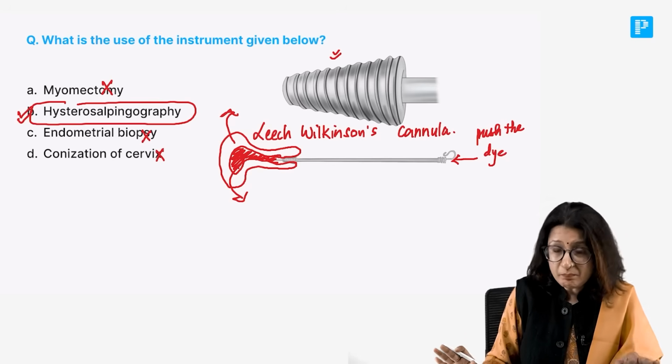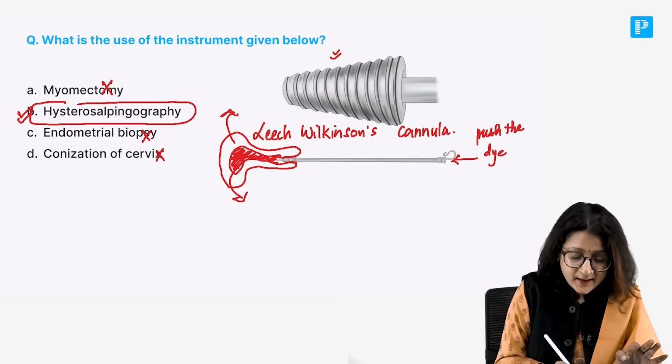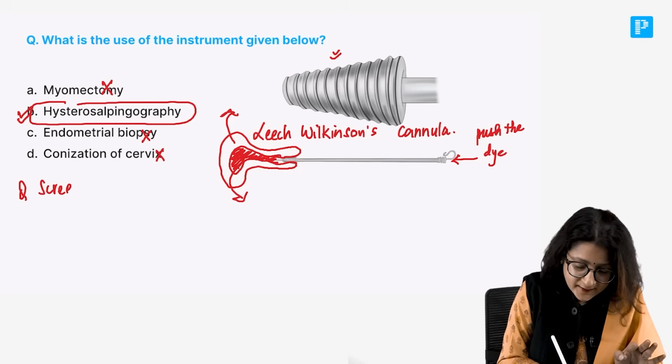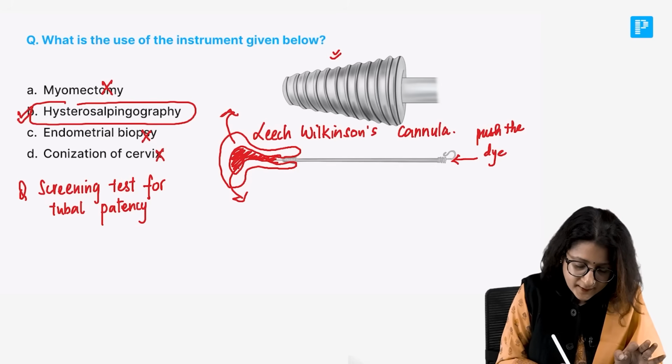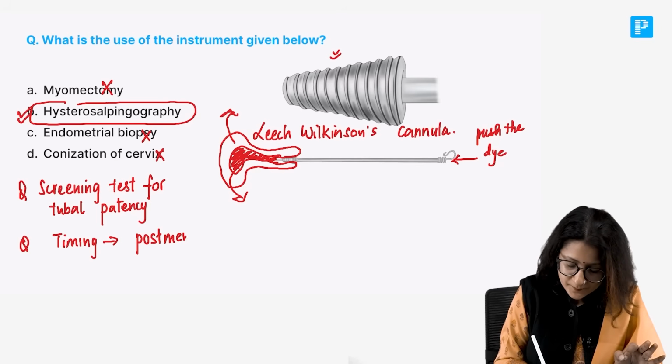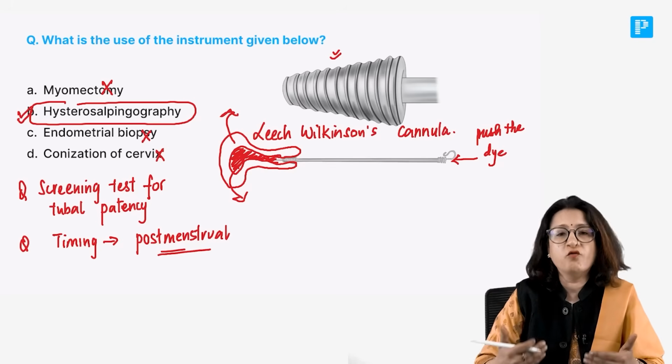Now keep in mind, a very, very important point, that hysterosalpingography is a screening test for tubal patency. Also keep in mind that the timing for this test is post-menstrual, after the periods are over.